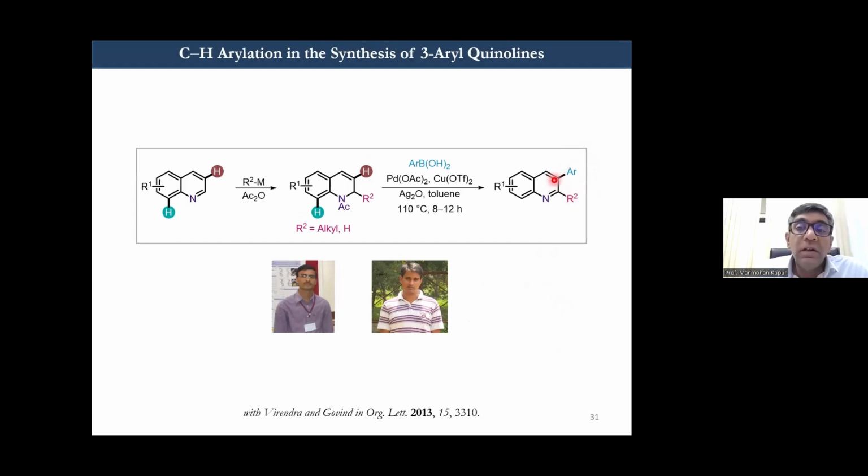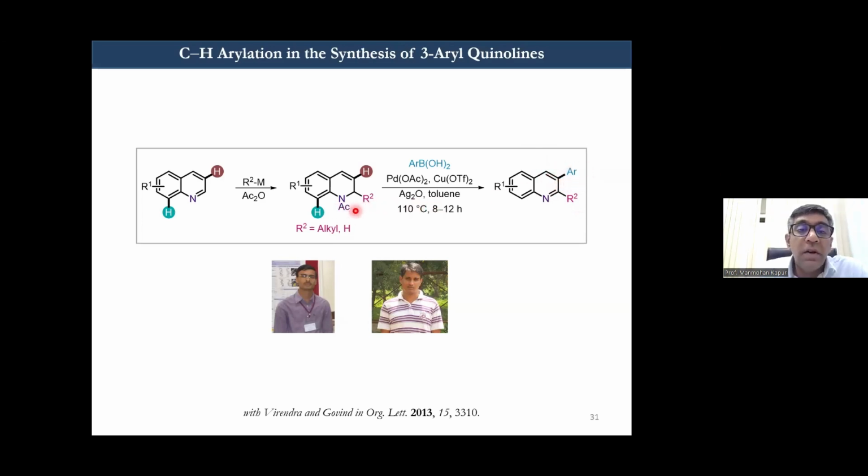It is very difficult to functionalize the C3 position of quinolines. The most reactive positions of quinolines are essentially the C2 and the C4 positions. You can add nucleophiles to both of these positions, or you can carry out a Minisci type of reaction. Normally, it is very difficult to functionalize directly the C3 position of quinolines.